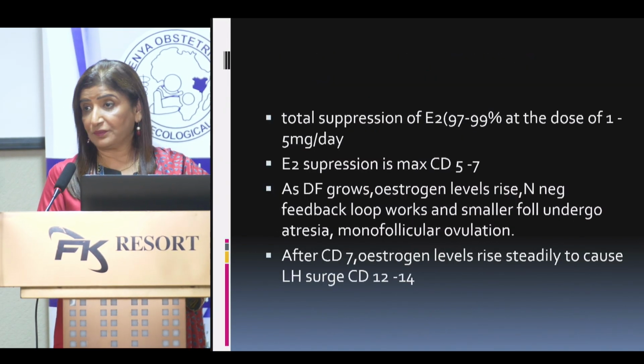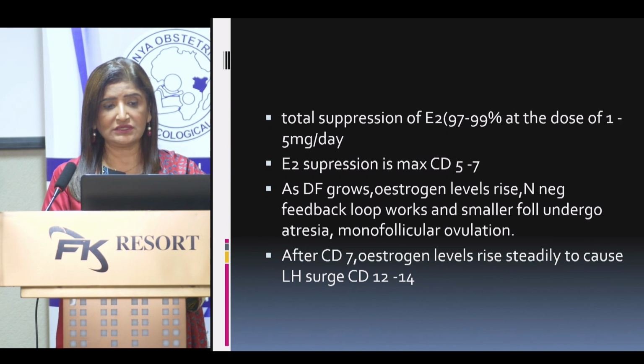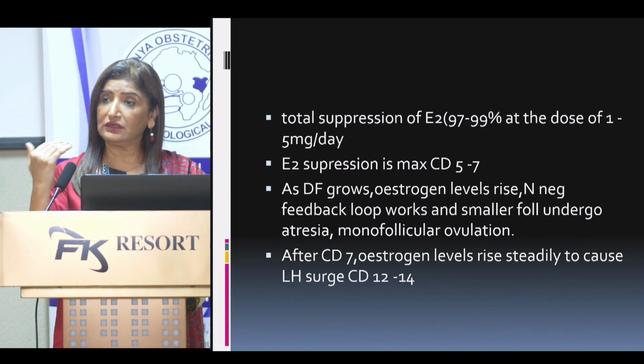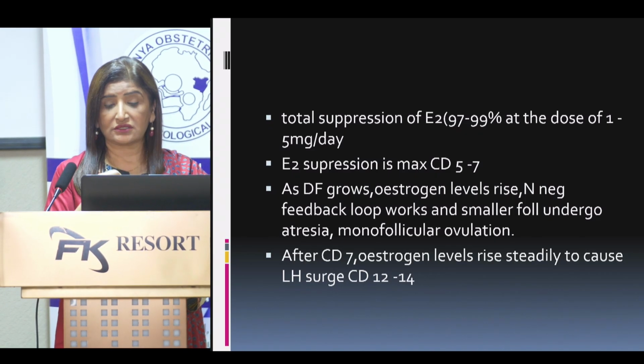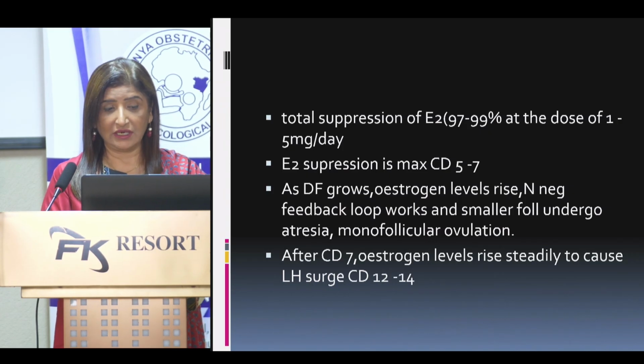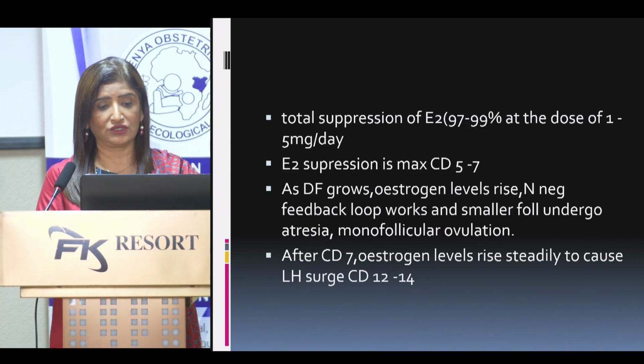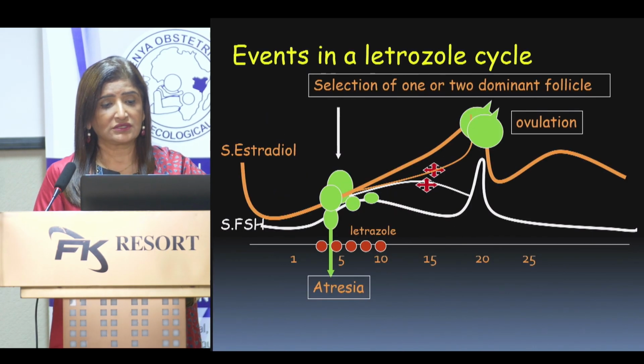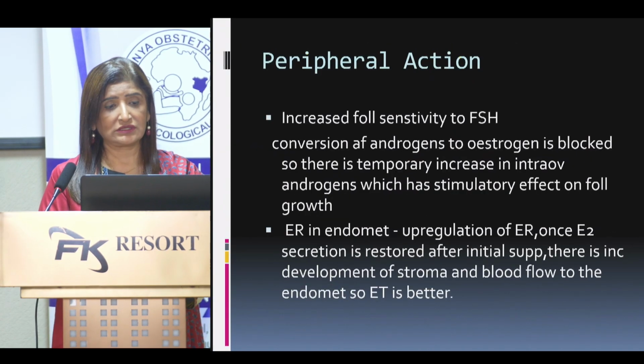There is total suppression of estrogen levels, maximum by day 5 to 7. And because the half-life is shorter, as the follicle grows, the smaller follicles will undergo atresia, and you have monofollicular ovulation and a better endometrium. So this is what happens in a letrozole cycle.